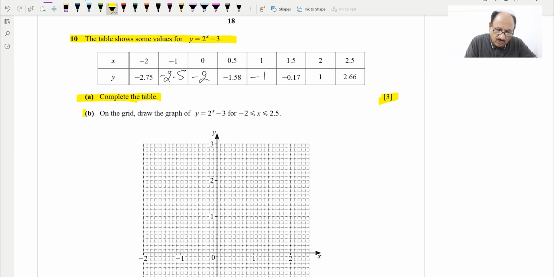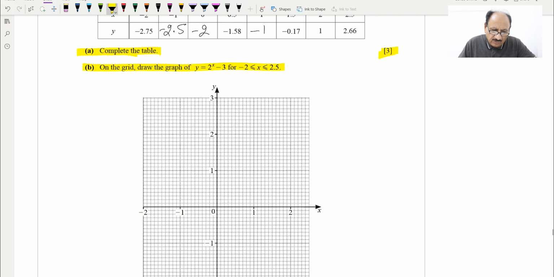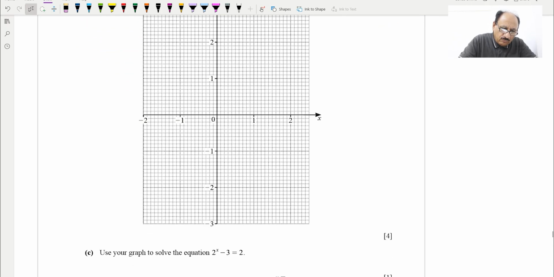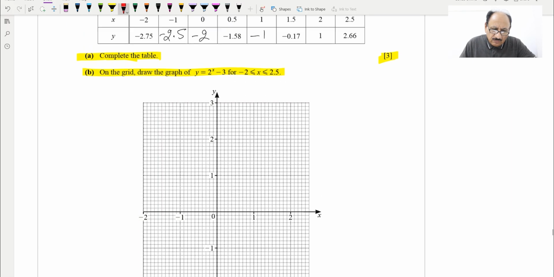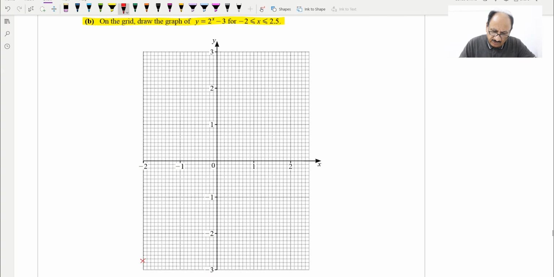So next, on the grid, draw the graph of this. We need to plot these table values, minus 2 and minus 2.75. So minus 2 and minus 2.75 will be over here. And next comes minus 1 and minus 2.5. Minus 2.5 will be over here.